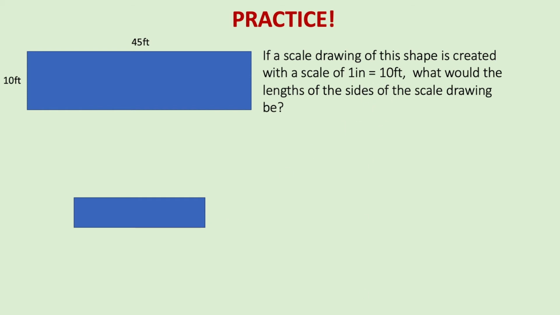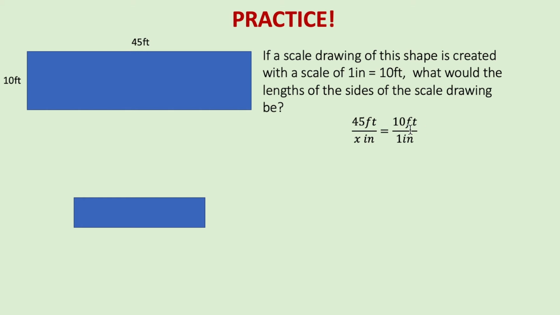To figure out what each of the sides would be, I set up a proportion. So here I have 10 feet over 1 inch, which is our scale factor, is equal to 45 feet over x inches. Right now I'm finding the length of this side.